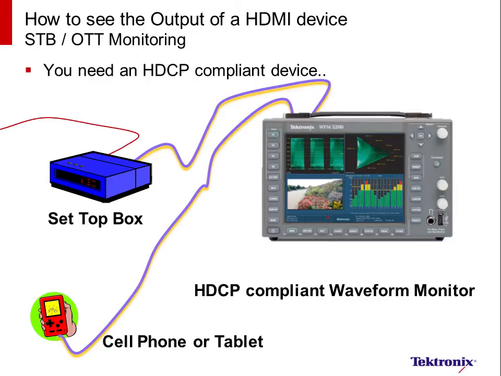If we want to look at our web content of an OTT transmission, over-the-top web application, the cell phone or tablet must also be hooked up to an HDCP compliant waveform monitor in order to be able to see the output of the video and the audio out of those devices.